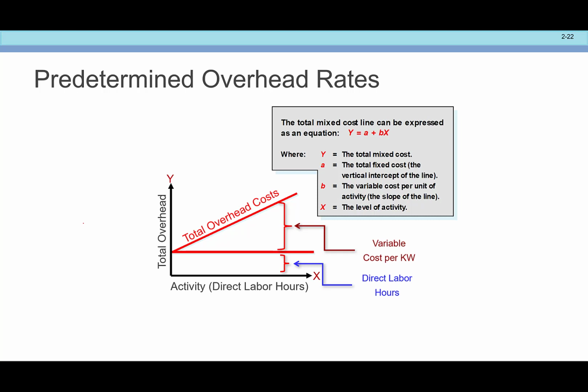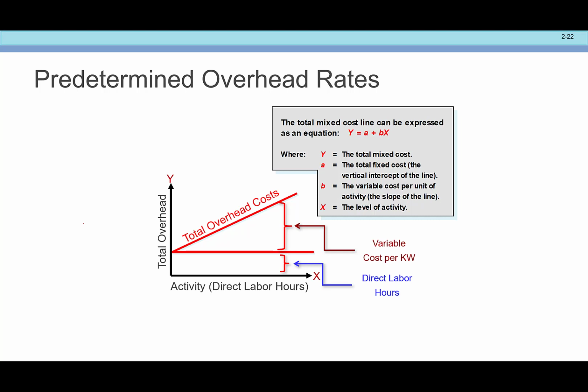So what happens when we look at our overhead costs? They tend to be variable. They tend to be mixed and fixed, don't they?